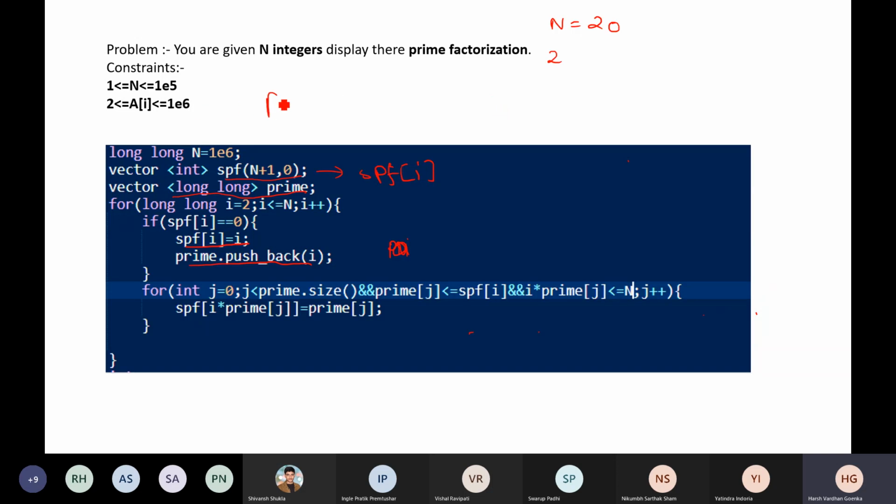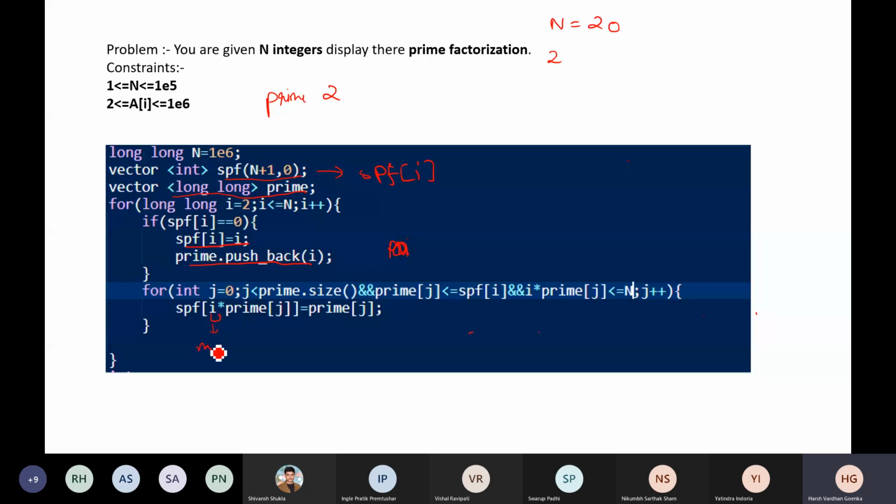I'll maintain a prime array here, and in that I push 2. Now I will go from j equal to 0, j less than prime.size. Is prime of j less than or equal to SPF of i, which is 2 now? So i times prime of j will have prime of j as its SPF. What will the SPF of i times prime of j be?